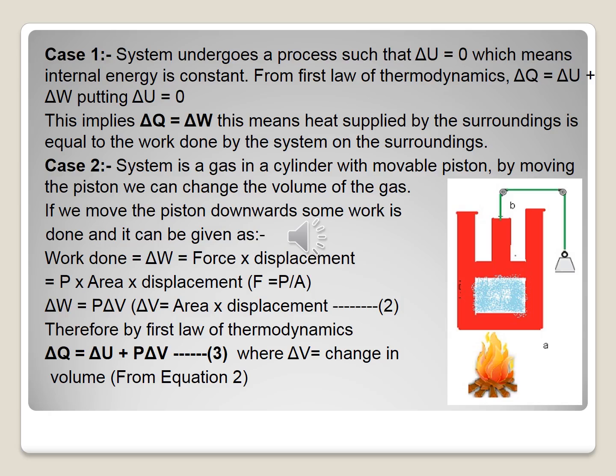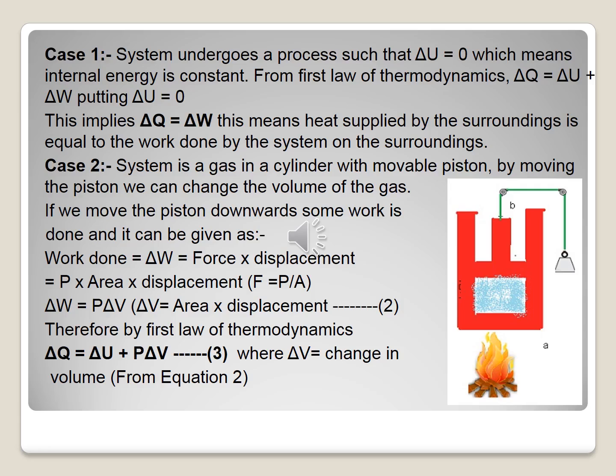And case 2 is, consider a system which is a gas filled in a cylinder with a movable piston. By moving the piston, we can change the volume of the gas. If we move the piston downwards, some work is done against the system. Here, the volume of the gas is decreased. Then what should be the work done? Let it be delta W, which is equal to force into displacement.